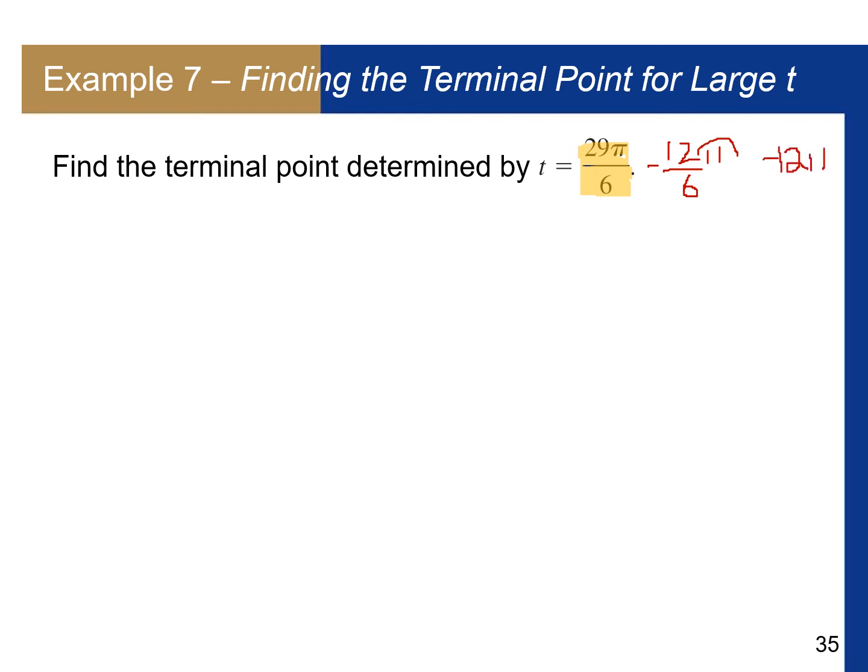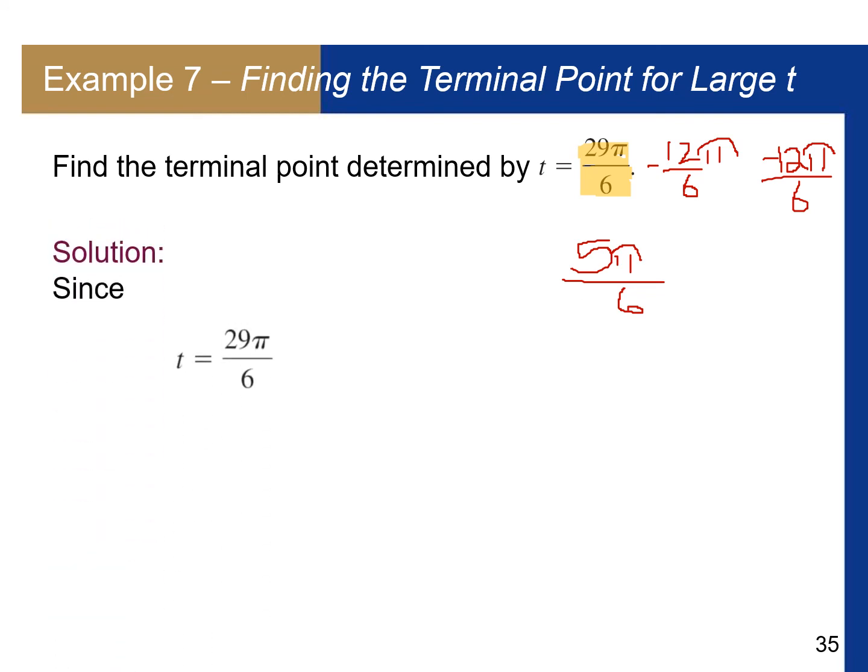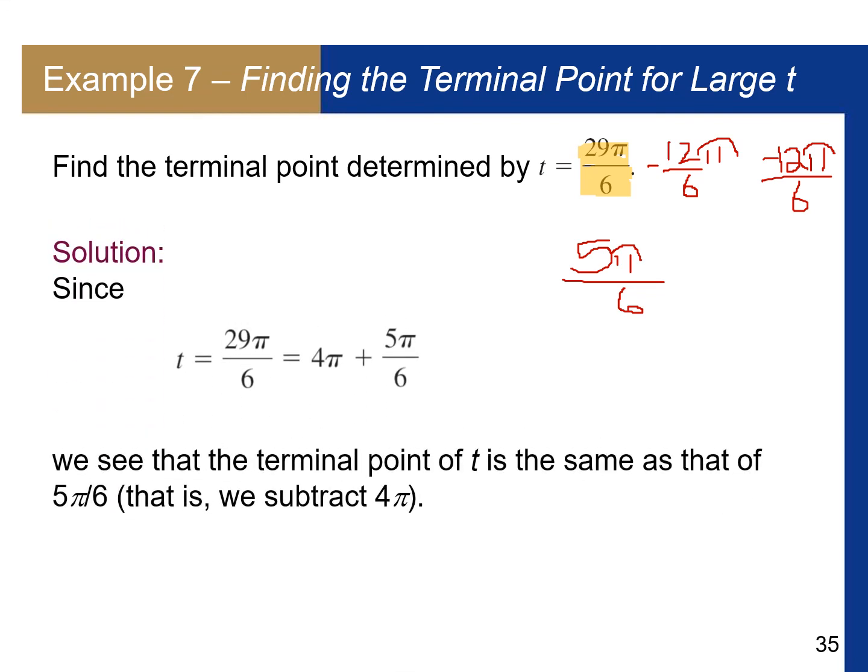And after I do it a second time, subtract 12 pi over 6. How am I getting 12 pi over 6? Because that's 2 pi. I will have a remainder of 5 pi over 6. Of course, adding the 2 pi and 2 pi gives 4 pi right here.